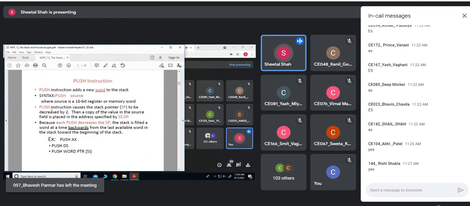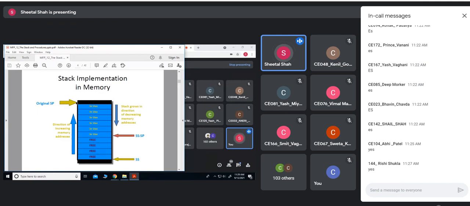So how this push instruction would work, we'll see. It causes the stack pointer to be decremented by 2. Whenever I use the push instruction, the very first step is that the stack pointer value would be decremented by 2.